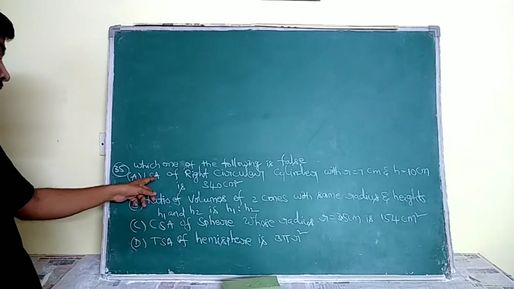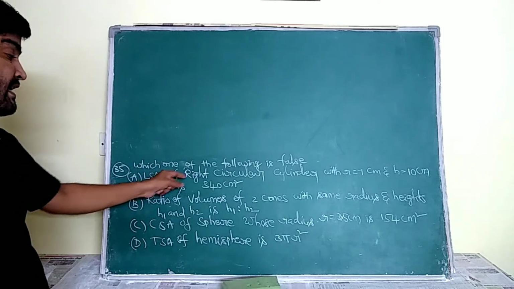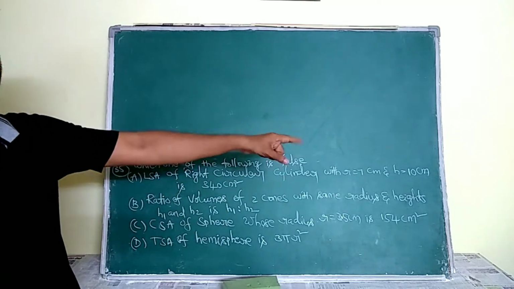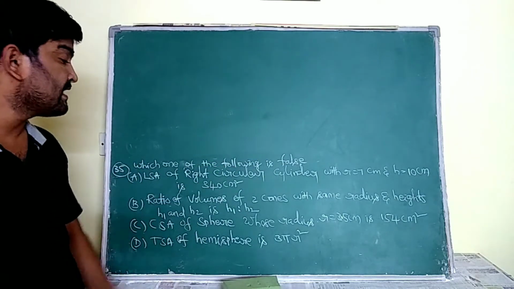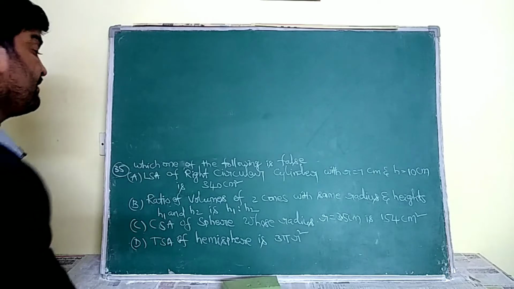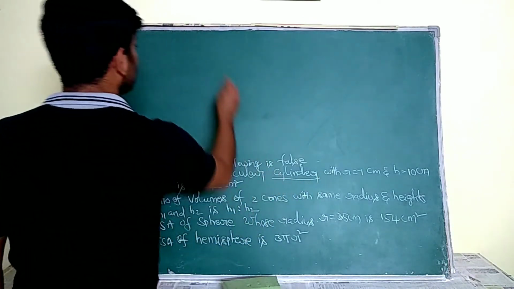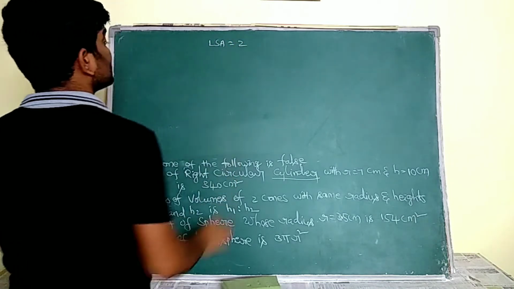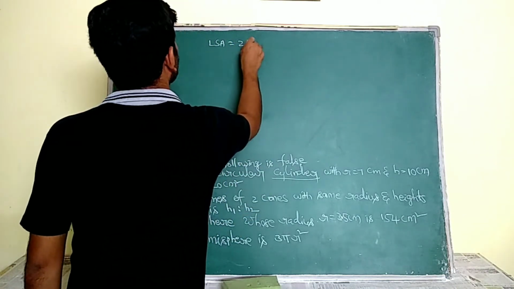See, first one. LSA, that means lateral surface area of the right circular cylinder with radius 7 centimeters and height 10 centimeters is given as 340 centimeters square. We know that LSA of the cylinder is equal to 2 pi RH.